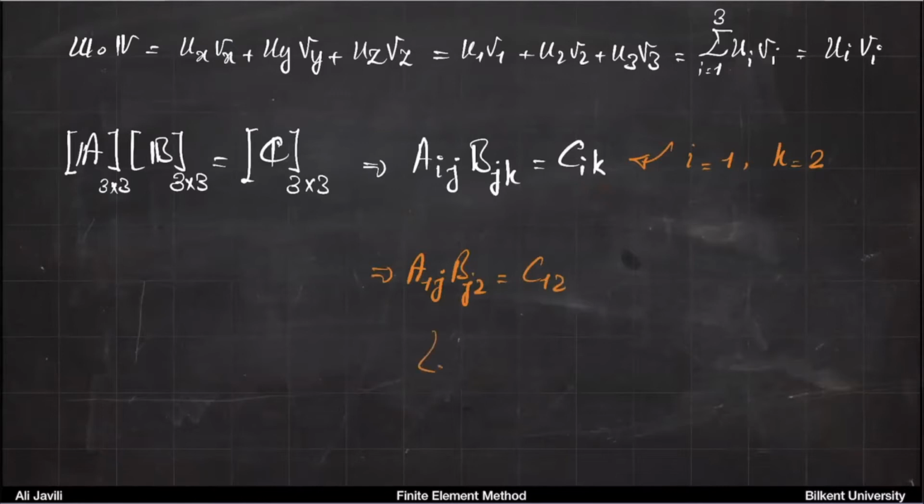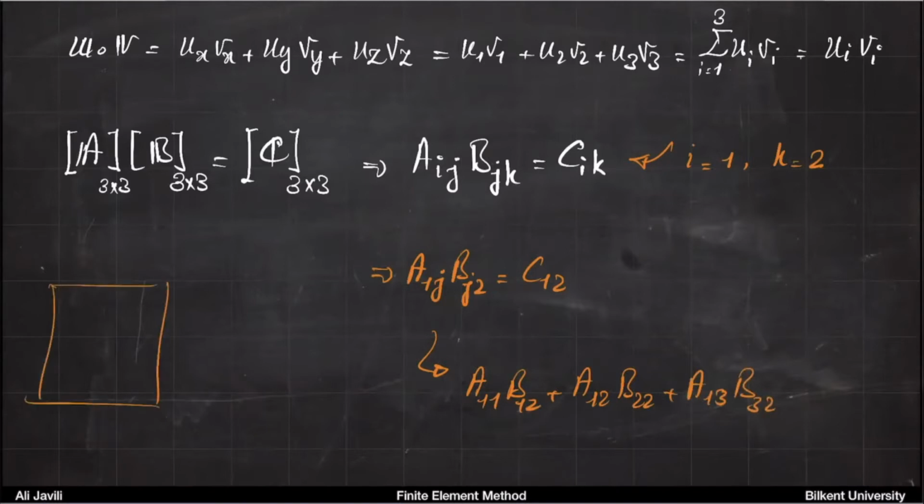And you can obviously see that there is a summation over j because j is repeated twice. So this component would be A11 B12 plus A12 B22 plus A13 B32.